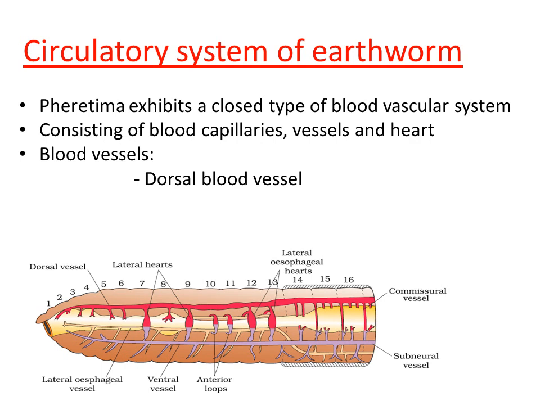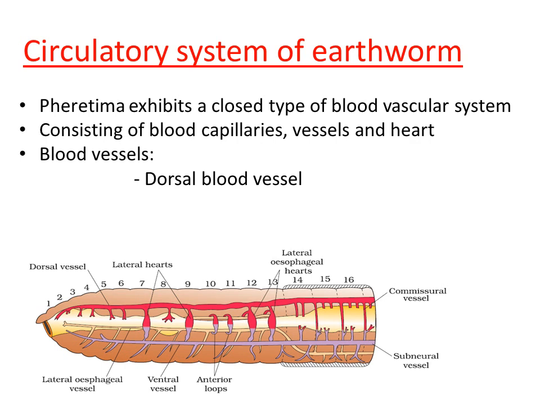This is one characteristic feature of the dorsal blood vessel. Understood? So what is the direction of blood flow in the dorsal blood vessel? It carries the blood from the posterior region to the anterior region.